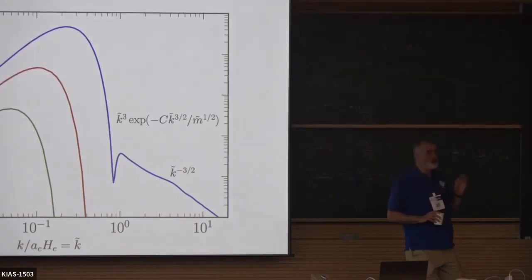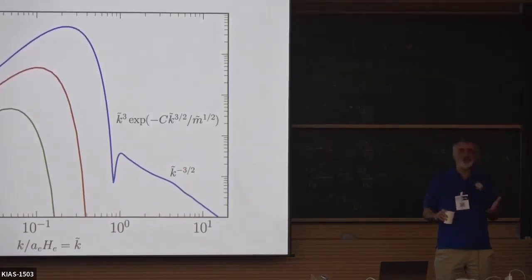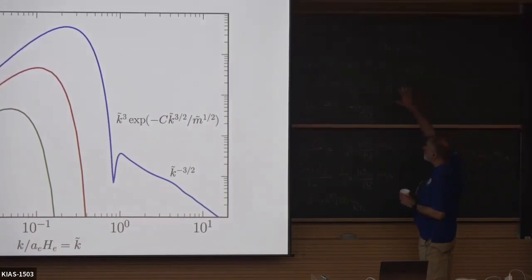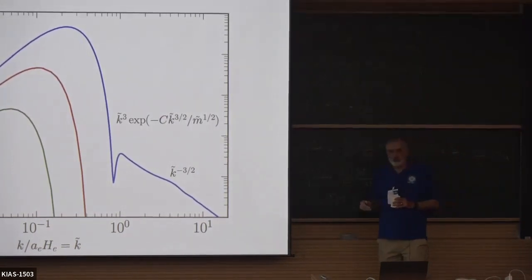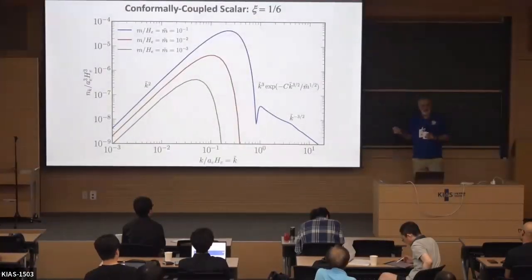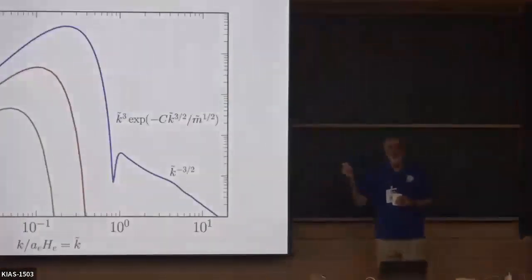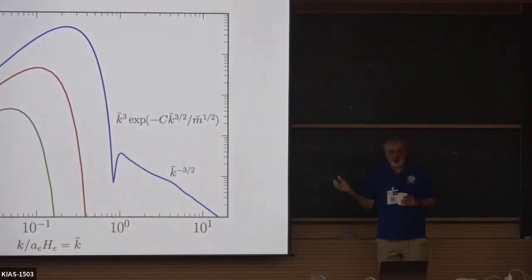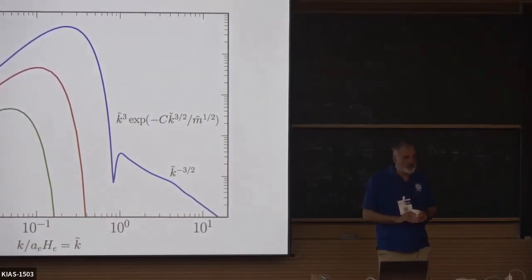Now the numerical calculation is just integrating the mode equations. It's just using the Boltzmann approach. So you shouldn't think of this process, phi to chi, as something different than what would be obtained in the Boltzmann approach. So the Boltzmann approach is, in my opinion, the correct formalism, or the most general formalism to calculate particle creation.